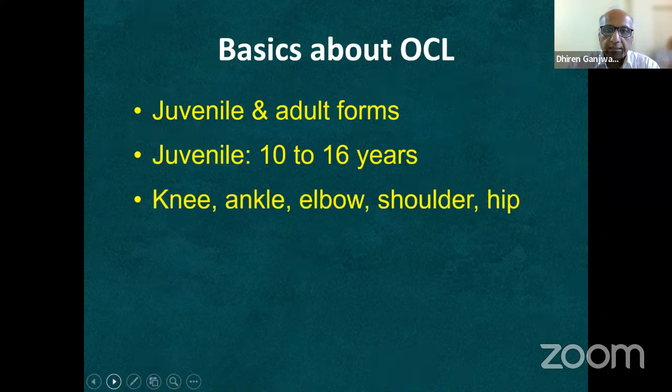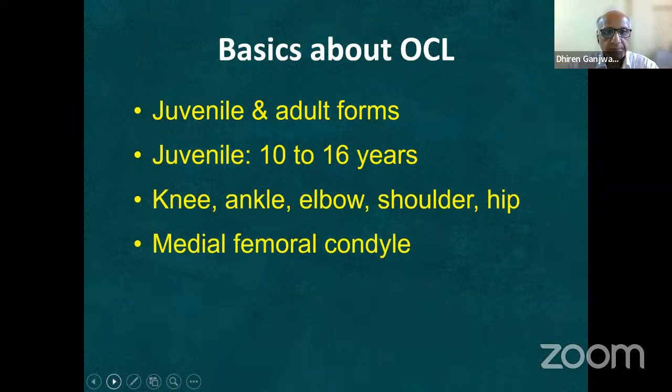It is not only at the knee, but it is seen at the knee, ankle, elbow, shoulder, and hip. But today we are going to restrict the rest of the lecture to the knee. And in the knee also, the medial femoral condyle is more likely to be affected.